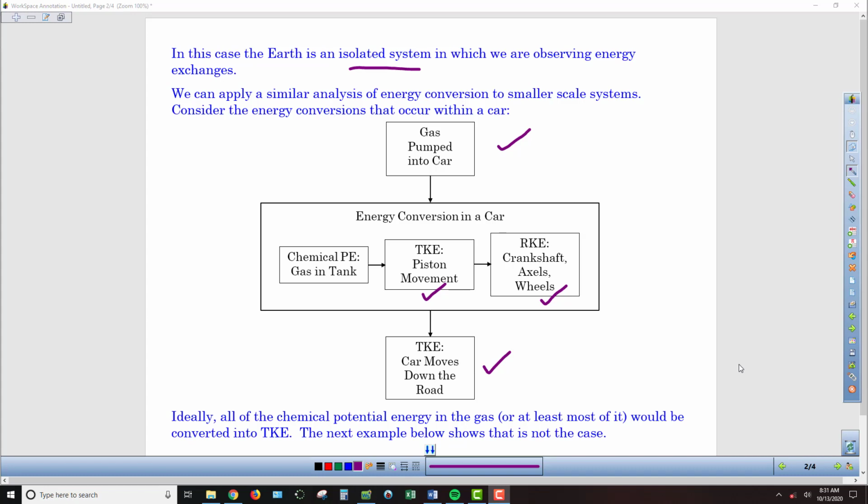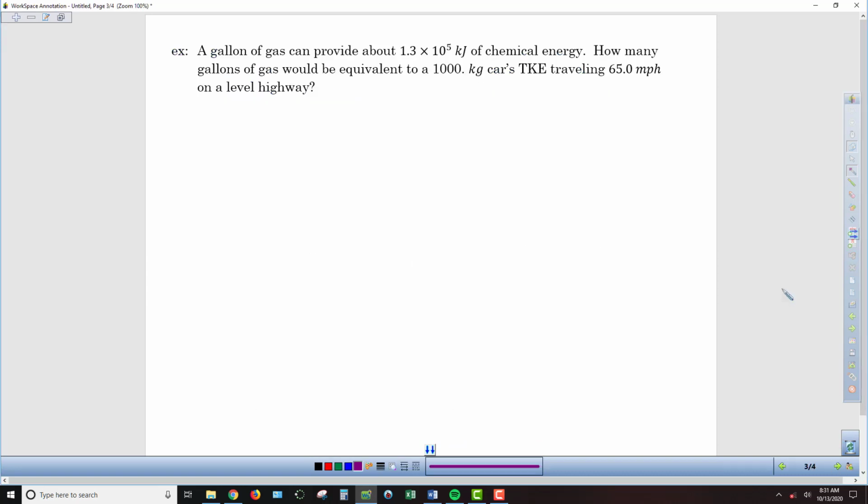Now, ideally, all of that energy that we're putting in, potential energy in the form of the gas in the gas tank, will be used to help propel the car down the road. But as we see in this next example, that is not necessarily the case.